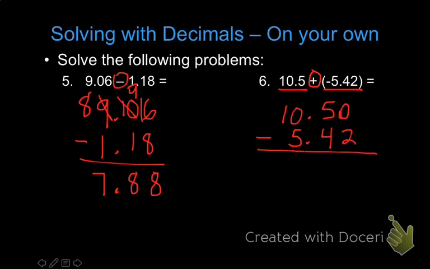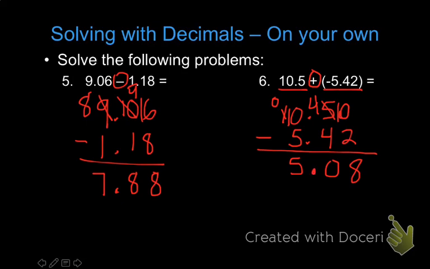I'm going to first add that placeholder 0 so that I can subtract properly. Cannot do 0 minus 2, so I have to borrow. 10 minus 2 is 8. 4 minus 4 is 0. Can't do 0 minus 5, so I borrow there. 10 minus 5 is 5. And then I have nothing left over here with that 0, so I can stop, bring my decimal straight down.